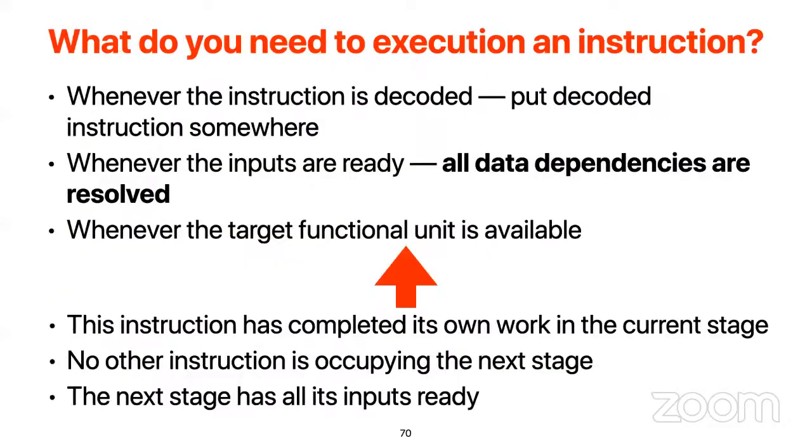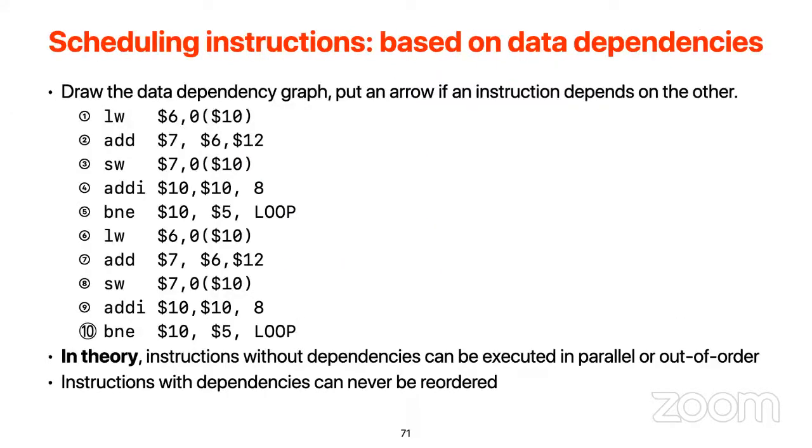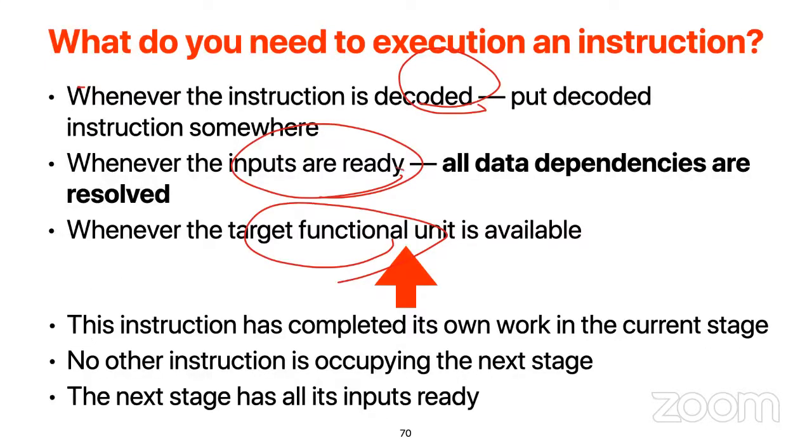So if the instruction is ready to move from the instruction decode stage to the execute stage, all you need is these three: the instruction is decoded, the inputs are ready, and the target functional unit is available. As you can imagine, the most important thing is when the inputs are ready.